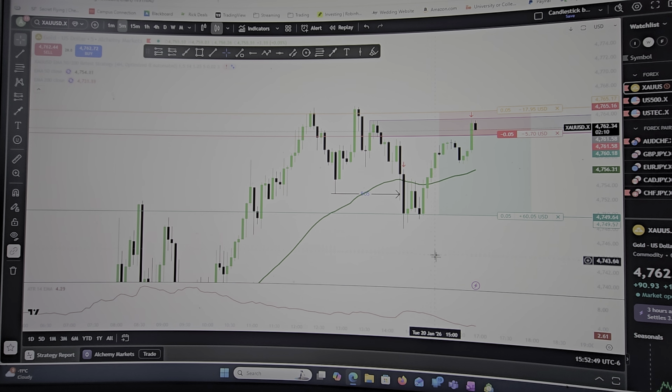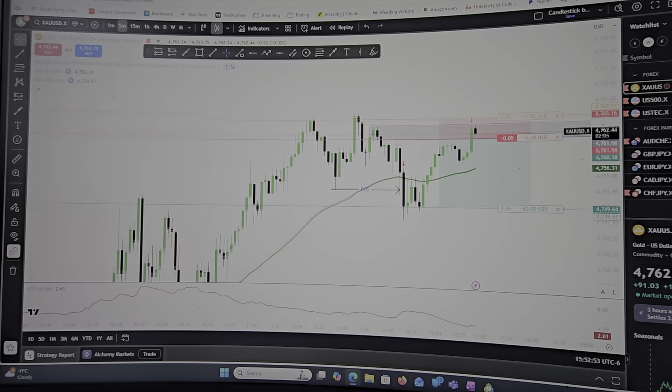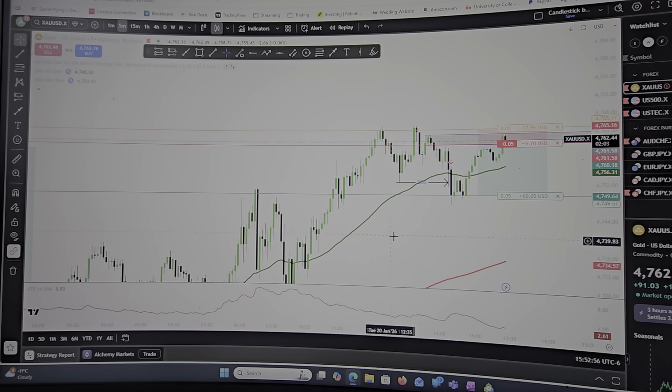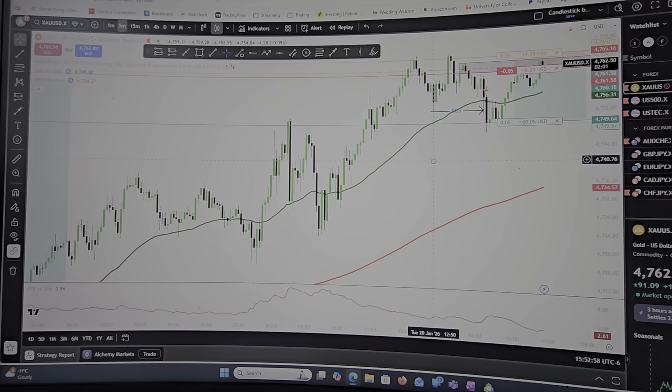So using demand and supply, I want to break down this trade a little more in depth. On a higher timeframe, I identified a trend. We were in an uptrend.